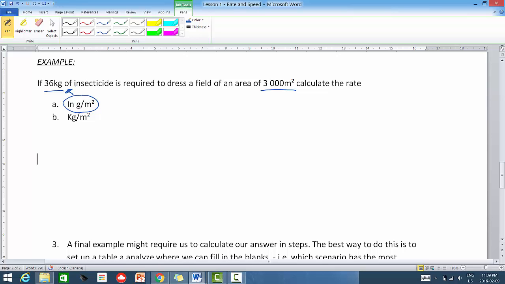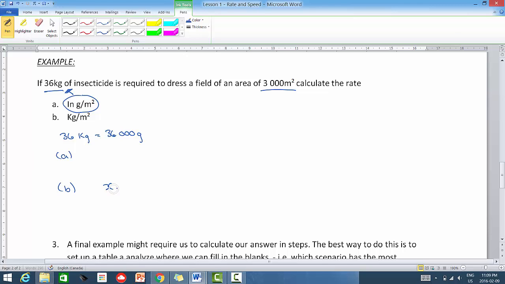So we go back to our conversion lessons that we've had before, and 36 kilograms is equal to 36,000 grams. So what this question is asking us, we're just going to follow the same steps, is how many grams per meter squared.